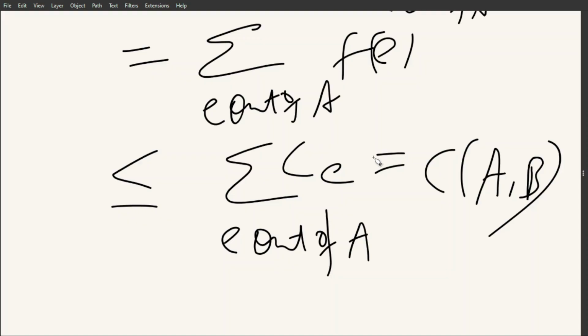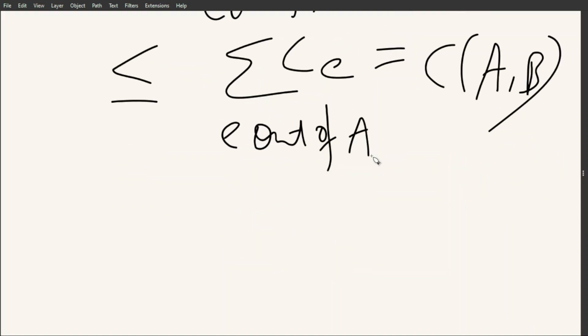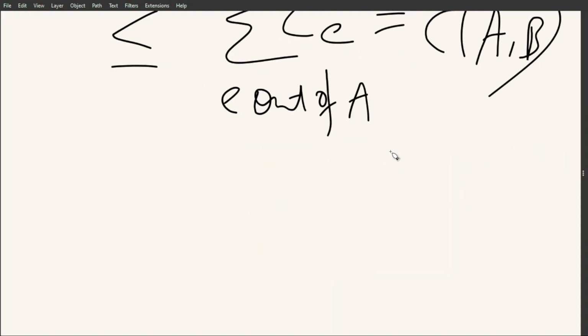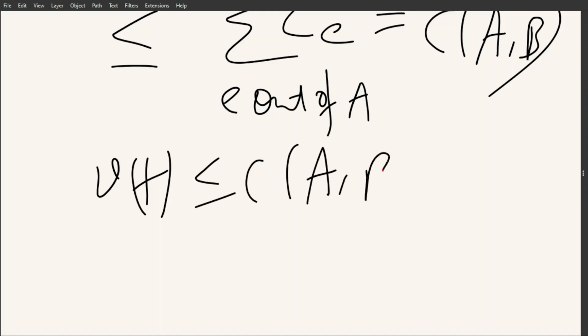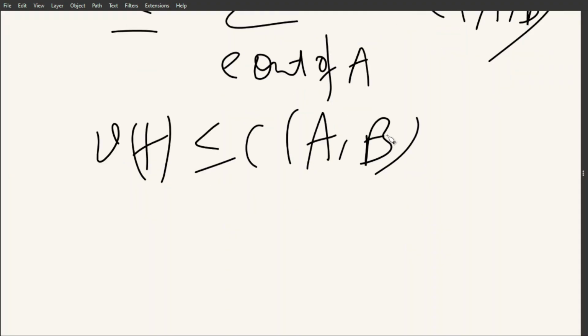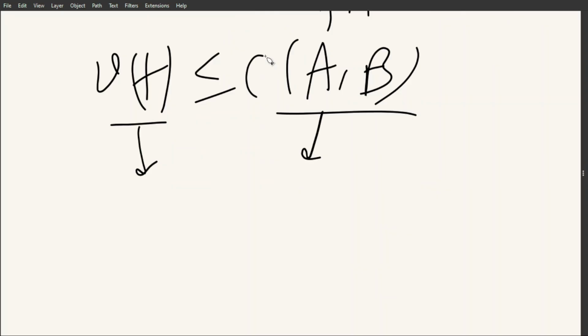So what we observe from this is that the value of flow is upper bounded by the capacity of any cut. So this holds for any pair of flow F and cut AB. Out of this pair, this also holds when we take the maximum flow.